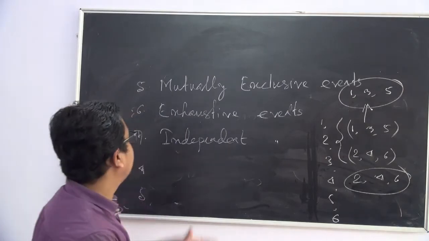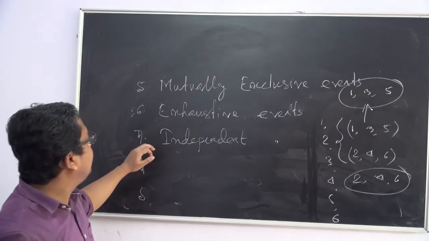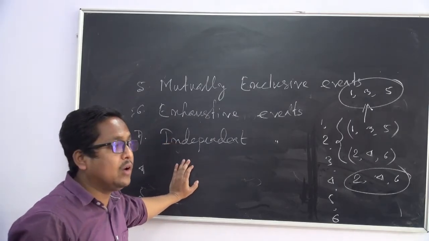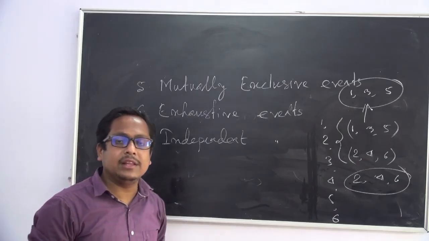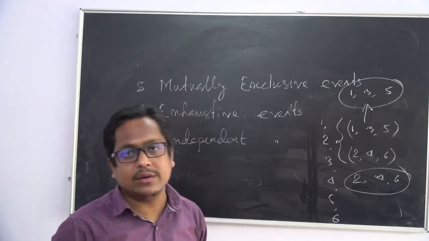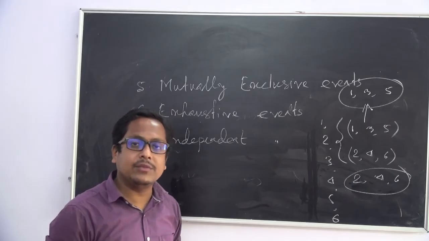These are complementary events and these are compound events. Next is mutually exclusive events. Events are said to be mutually exclusive if the occurrence of one event precludes the occurrence of the other. That means if we toss a coin, either the head or the tail will come. The occurrence of head precludes the occurrence of tail.